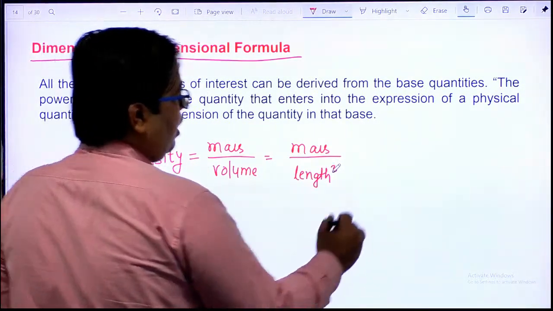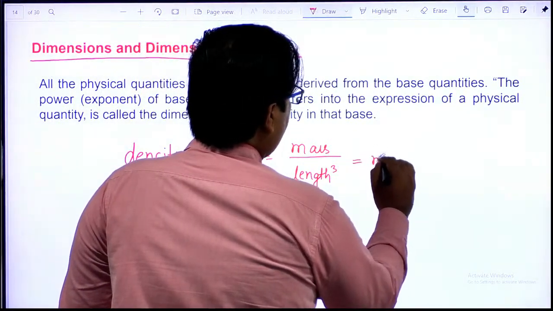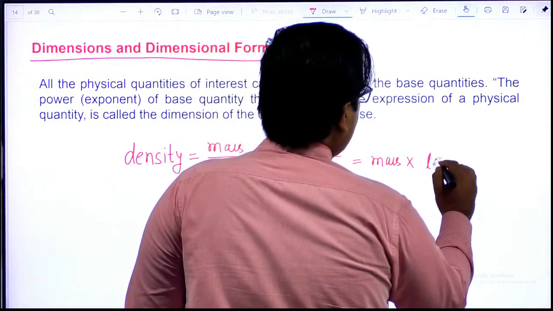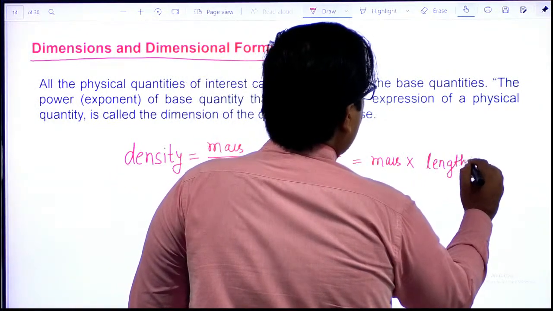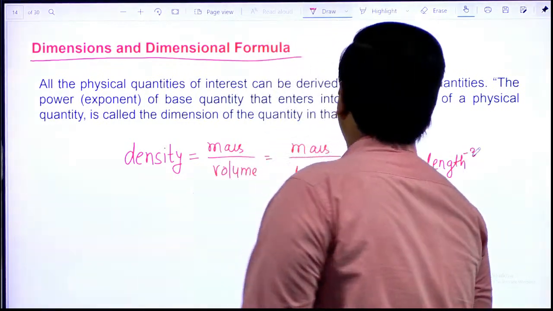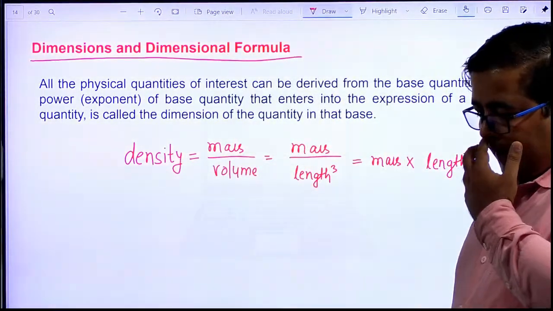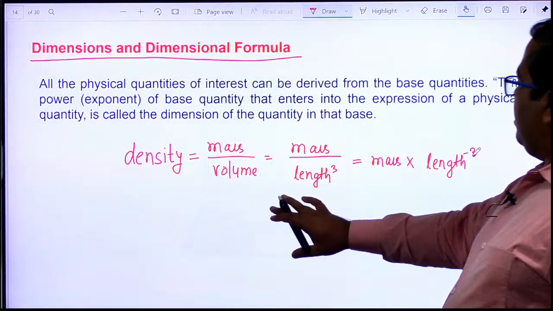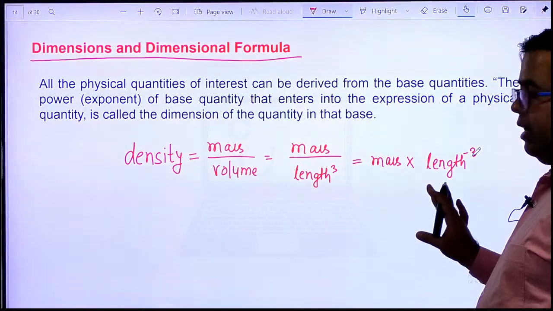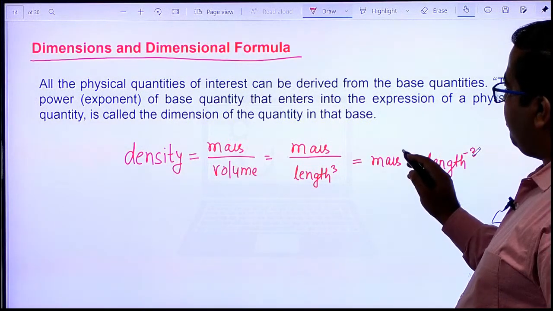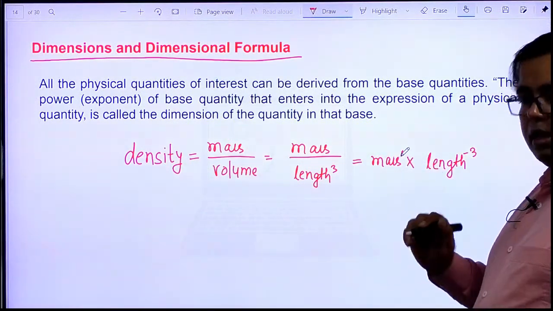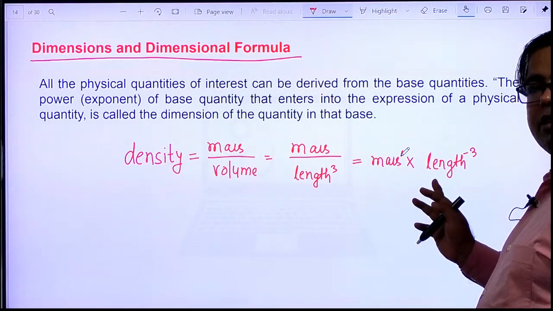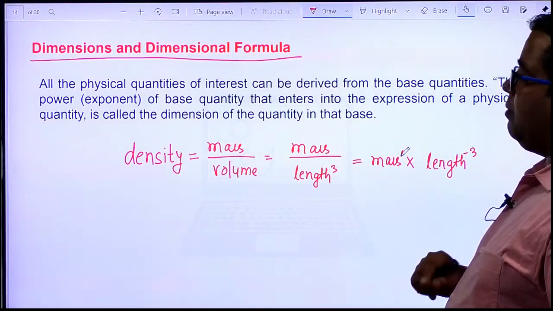So we write it as mass into length to the power minus 3. Let's see what is the meaning of this. We have written this density in terms of mass and length.